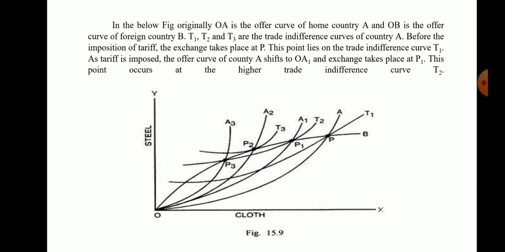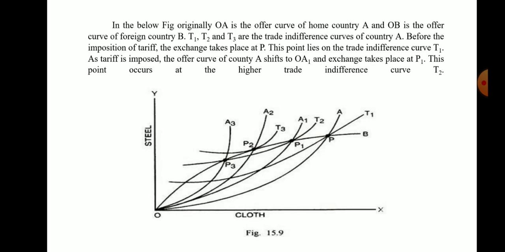In the below figure, originally, OA is the offer curve of home country A and OB is the offer curve of foreign country B. T1, T2, T3 are the trade indifference curves of country A. Before the imposition of tariff, exchange takes place at P. This point lies on the trade indifference curve T1.